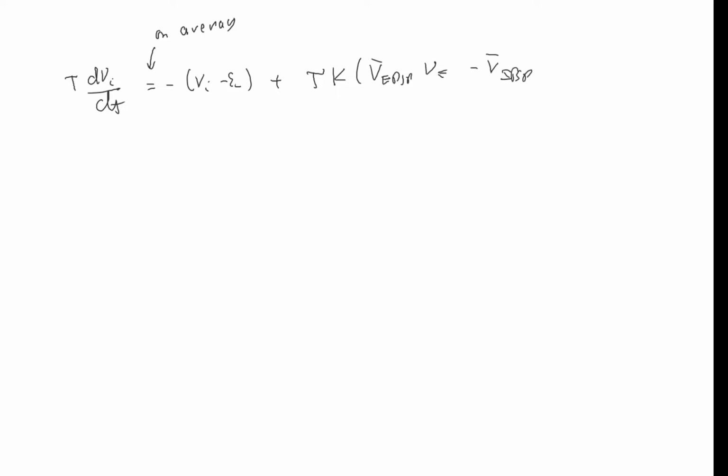So we have tau dν_I/dt equals minus ν_I minus E_leak plus, we'll say on average, equals tau K V̄_EPSP ν_E minus V̄_IPSP ν_I.